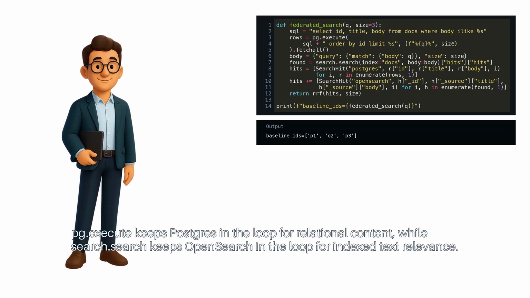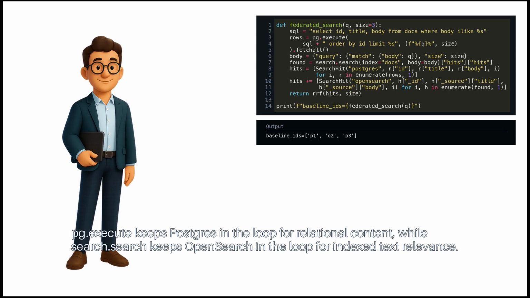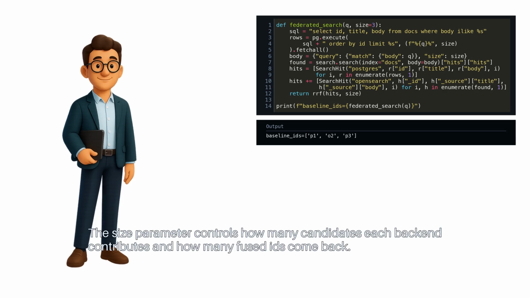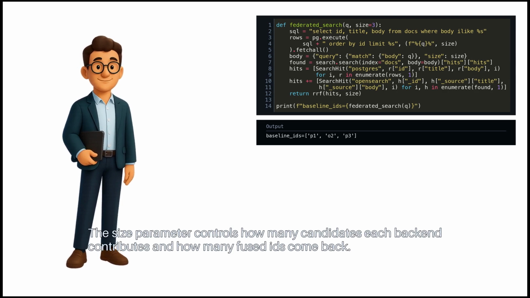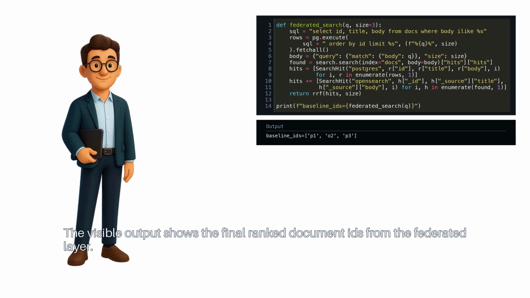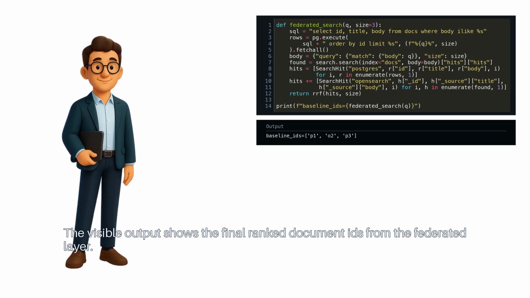PG execute keeps Postgres in the loop for relational content, while search.search keeps OpenSearch in the loop for index text relevance. The size parameter controls how many candidates each backend contributes and how many fused IDs come back. The visible output shows the final ranked document IDs from the federated layer.